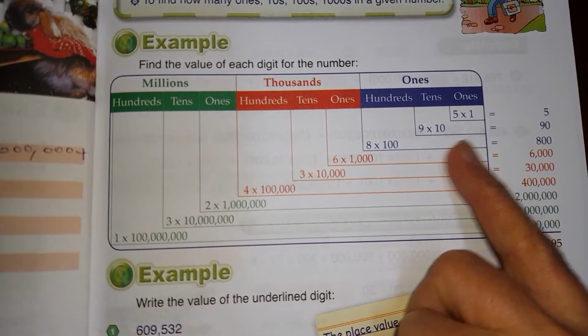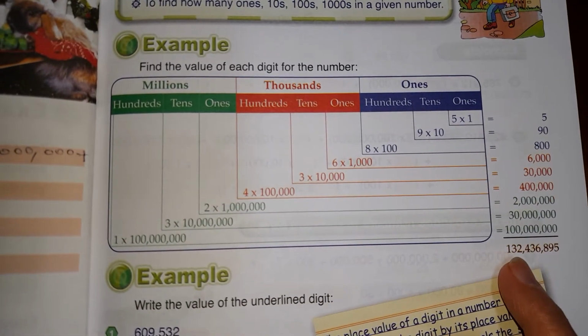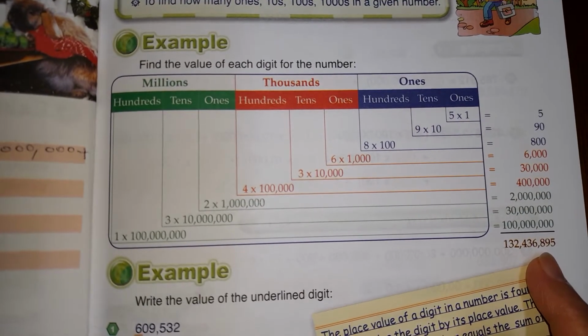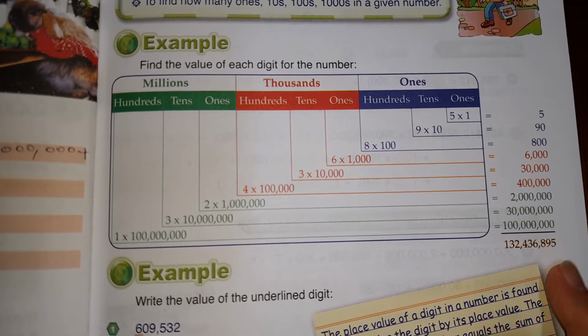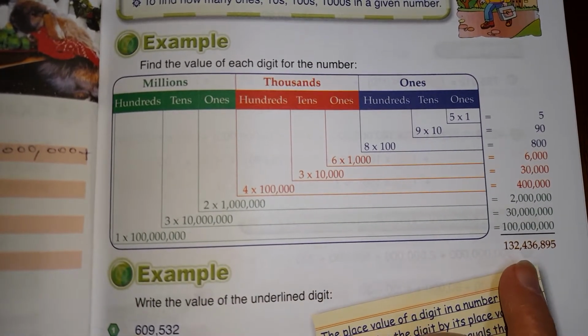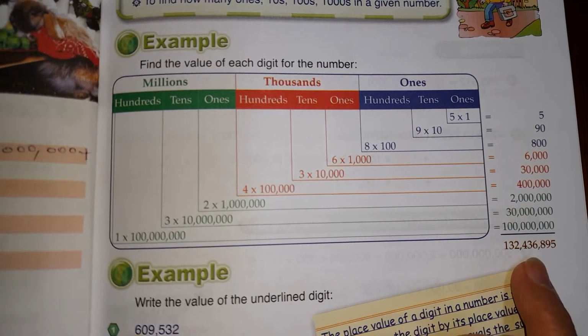If you add all these numbers, you will get 132,436,895. So in this lesson, we are going to know the value of any digit in a number.